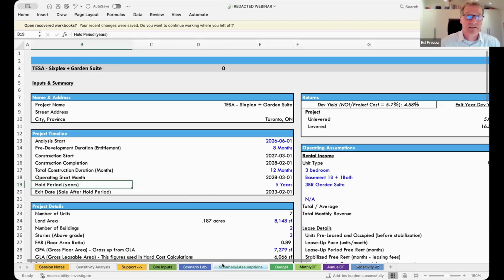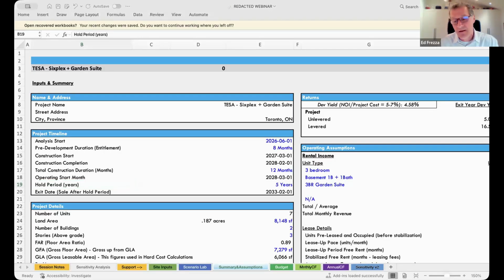So in our analysis, we start from the point that you either buy the property or maybe already have it, the entitlement, the construction, and then a 5-year hold. So in this case, 8 plus 12 months, that's 20 months. Plus the 5-year hold, 5 years is 60 months. So 60 plus 20, that's an 80-month hold period. And the metrics and financial analysis that I'll show you at the end reflect an 80-month hold period.